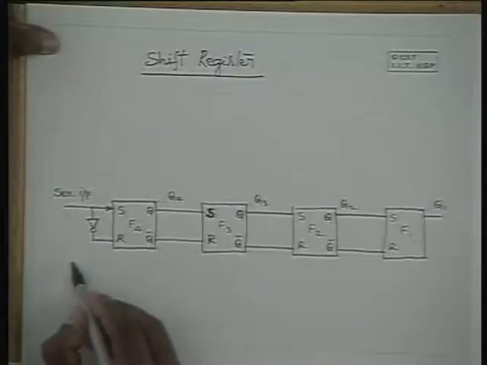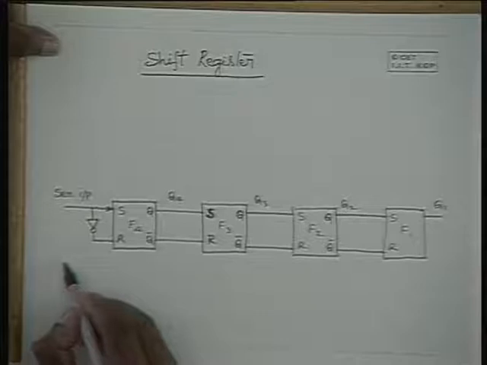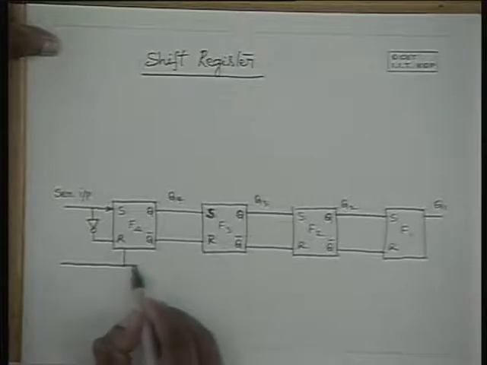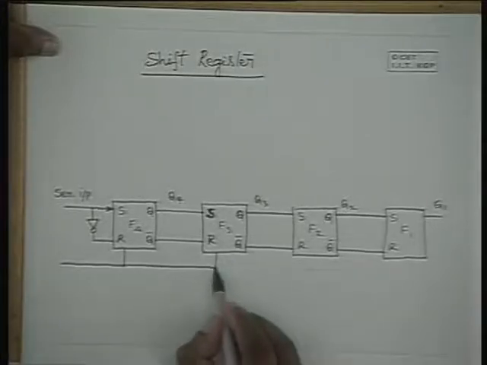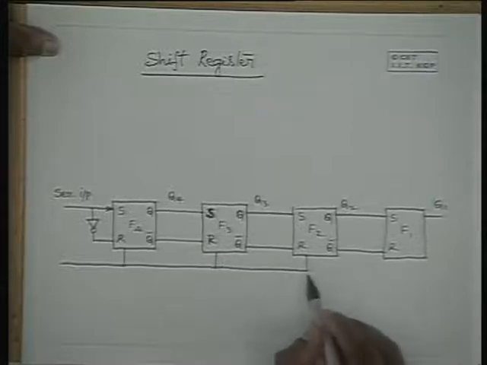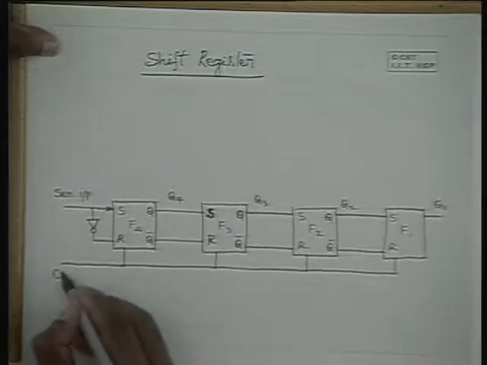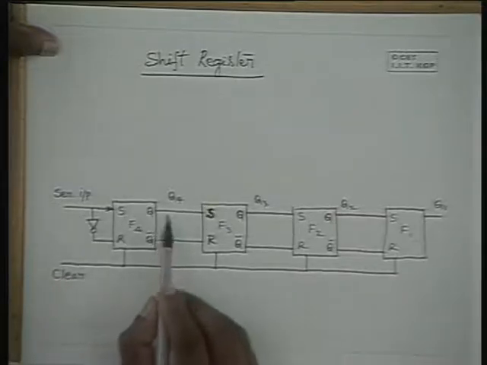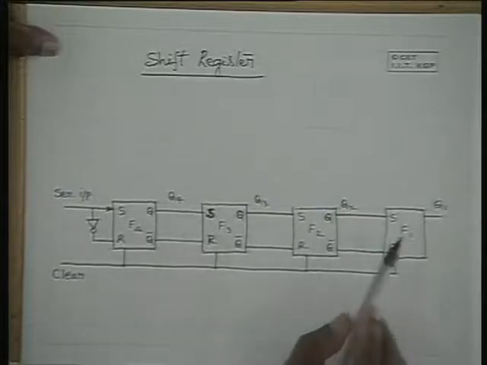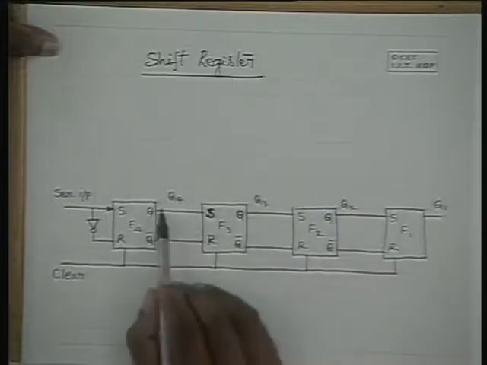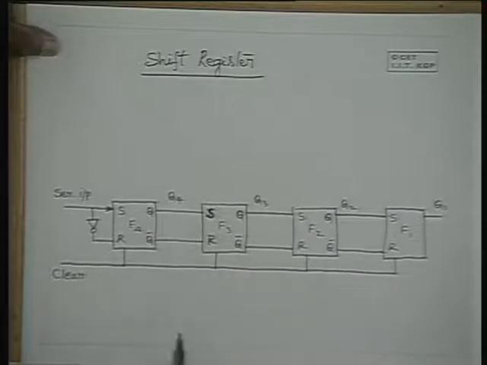Now all these flip-flops have clear inputs. By applying the clear signal here, we can clear the flip-flops to start with, in which case all these flip-flops attain the 0 state. That means Q1, Q2, Q3 and Q4 will be zeros once the clear input is applied.